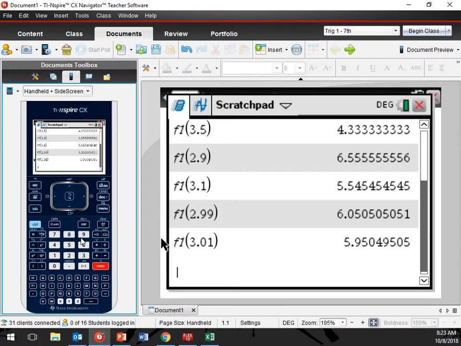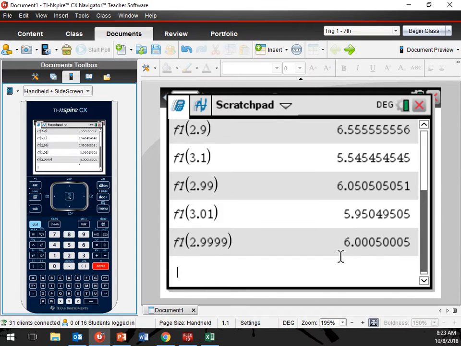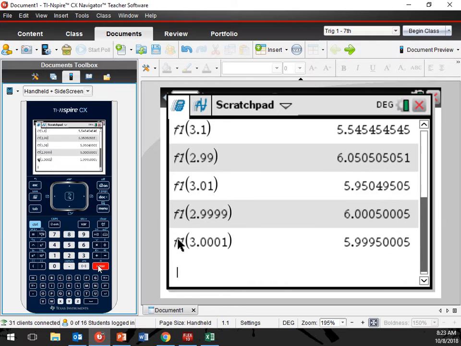So if I go far enough out with really close to 3, 2.9999, it's coming up to 6. Vars again, 3.0001. There we go. So the left hand and right hand of these are both approaching 6. So numerically, this is a way of doing a table to try to figure out what your limit is going to be.